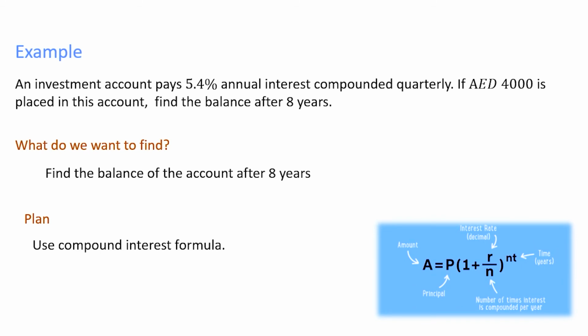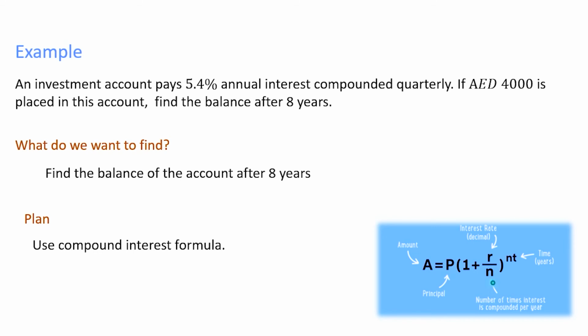Let's identify everything. The amount is what we're looking for. P, the principal, is the money we invest, which is 4,000 dirhams in our case. Interest rates will be 5.4%, which we need to change into a decimal. So we need to divide this number by 100 in order to get a decimal.